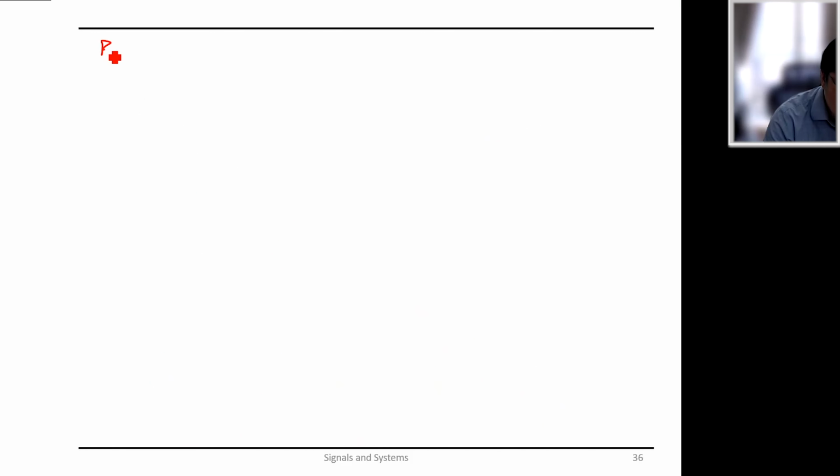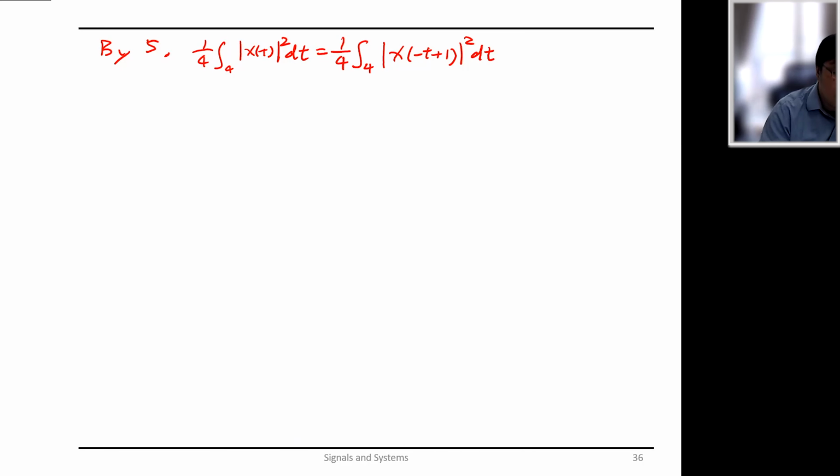So by 5, we know that the average power over one period, which is also the average power of the time-shifted reversed signal, x of minus t plus 1 squared, is equal to 1/2.